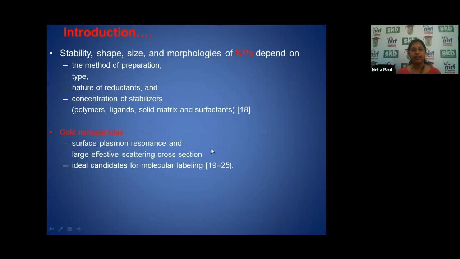This is how light oscillates from the particular gold particle, or the effective scattering cross section of that gold nanoparticle. This is the area associated with the structure or nature of the gold nanoparticle, which makes it an ideal candidate for molecular labeling. So we can label that biological molecule with this gold nanoparticle.